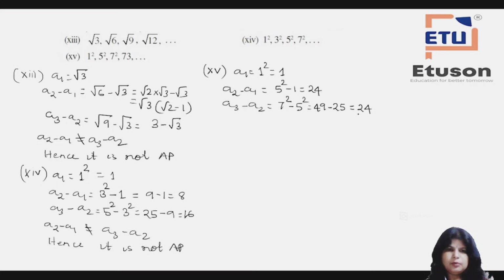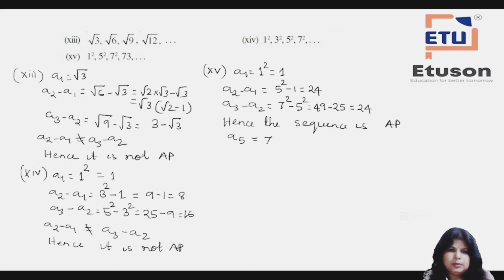Correct or not? So here there exists a common difference, right? So hence the sequence is AP. So we need to find out the three subsequent numbers.